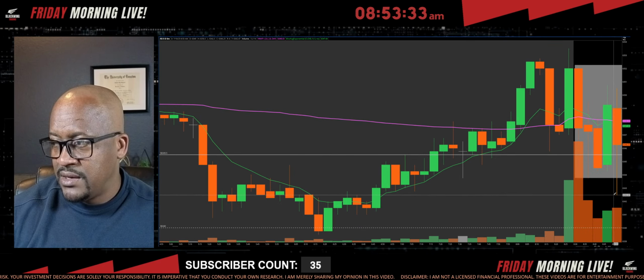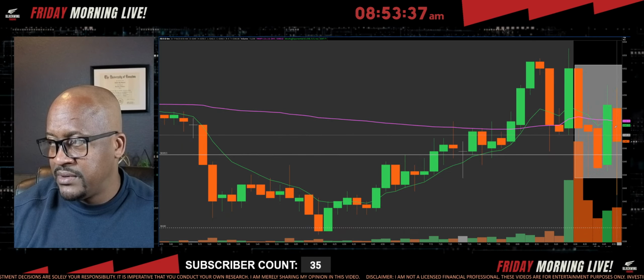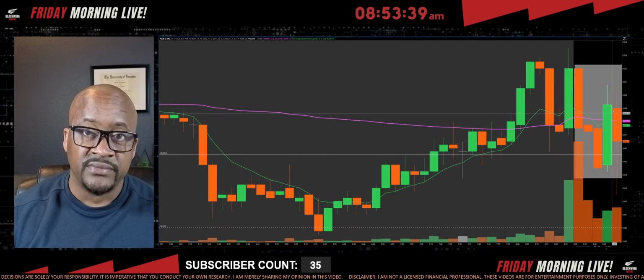It went all the way down to like 63.42 and then popped back up a little bit. That's high frequency trading by computers.